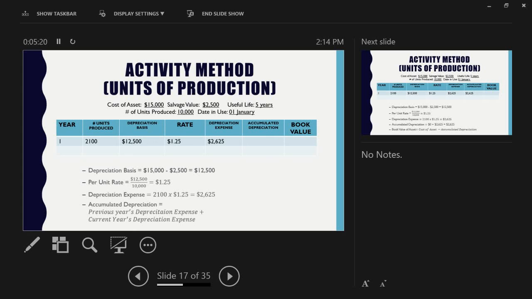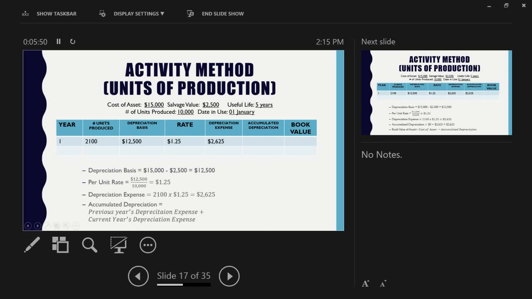Accumulated depreciation is going to be your previous year's accumulated depreciation plus your current year's depreciation expense. So in this case, did we have anything to begin with?